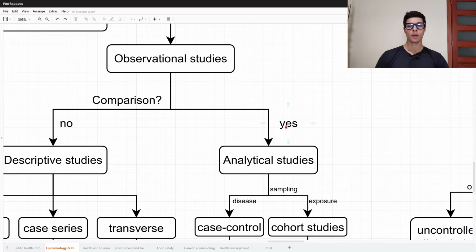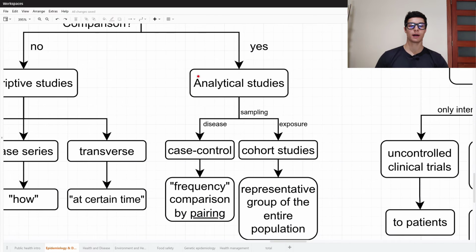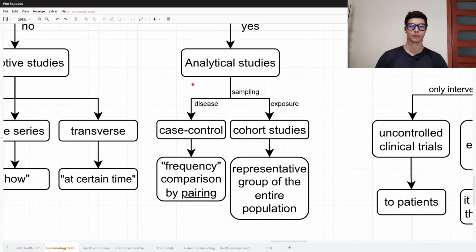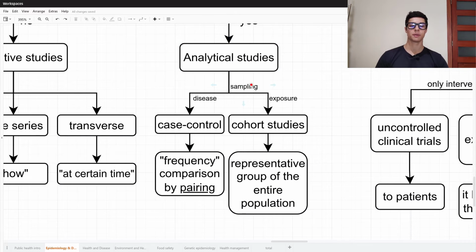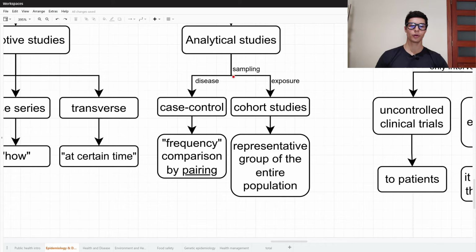If we though make a comparison, we have analytical studies. Analytical, sampling, disease or exposure. Are you going to focus on disease? Okay, so we have case control studies. Case controls are basically two groups. One is the case in which we have sick people, and the control in which we have healthy people.